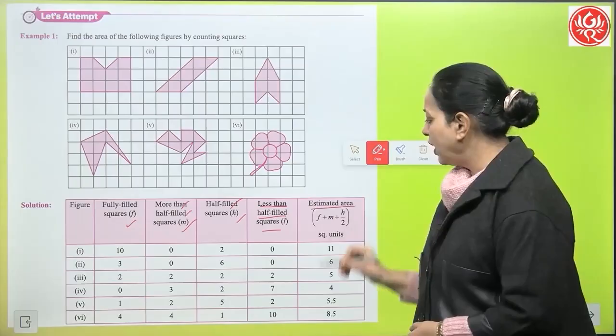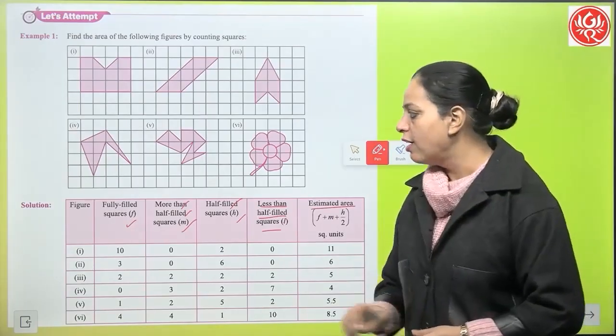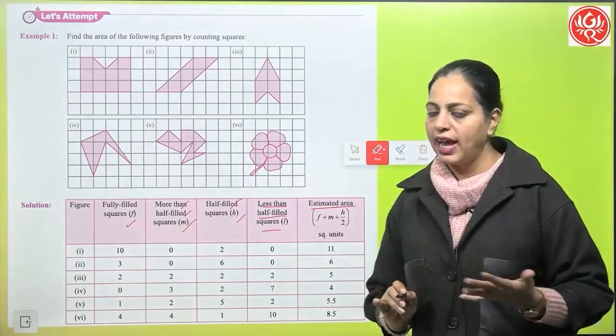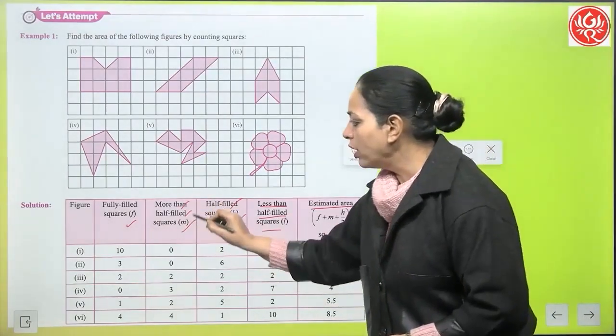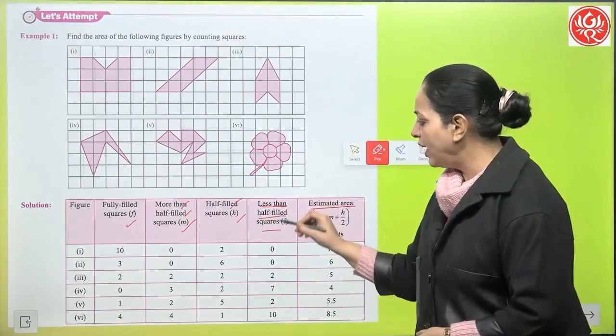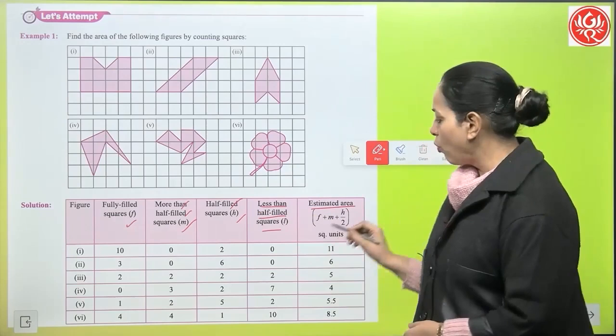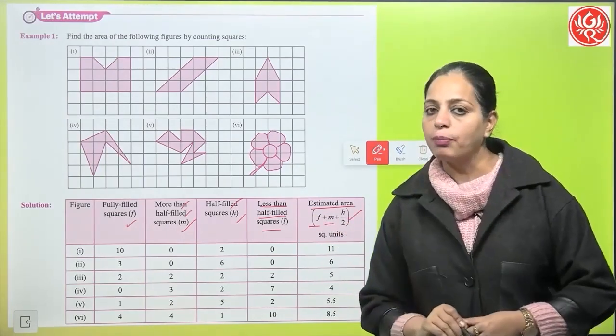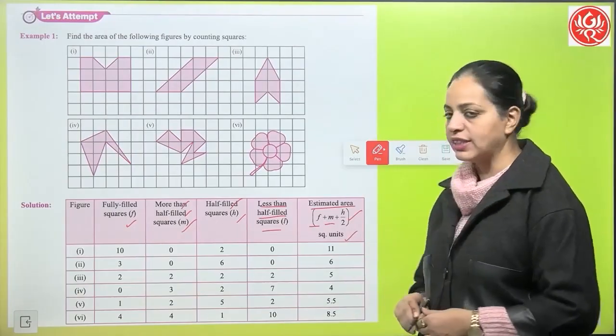Then we are finding the estimated area. Fully filled we can assume as F, then more than half filled M, half filled H and less than half filled L. So what formula will come? F plus M plus H upon 2 square units, right?